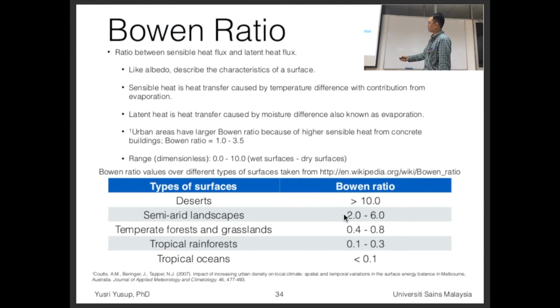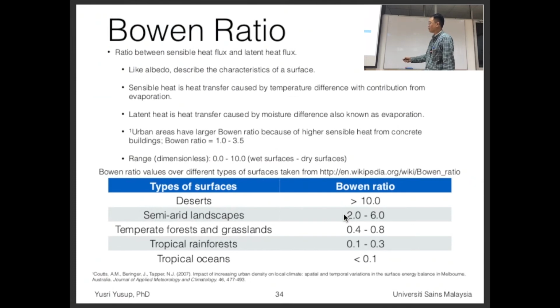Types of surface: if it's deserts, it's more than 10, like what we expect. Semi-arid landscapes, that means quite dry, 2 to 6. Temperate forest and grassland, not us, this is over in the higher latitude areas, four-season areas and so on, 0.4 to 0.8.